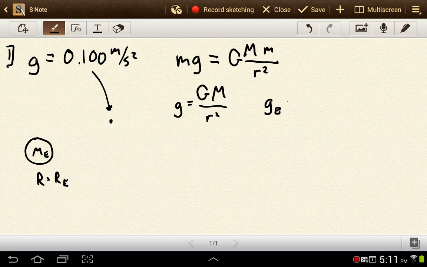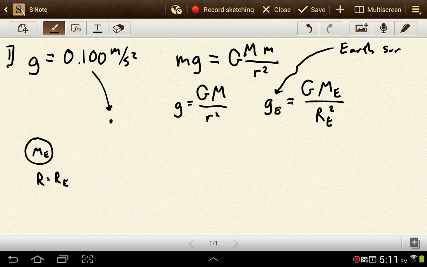So g sub E, Earth's surface gravity, is going to be capital G times the mass of the Earth over the radius of the Earth squared.